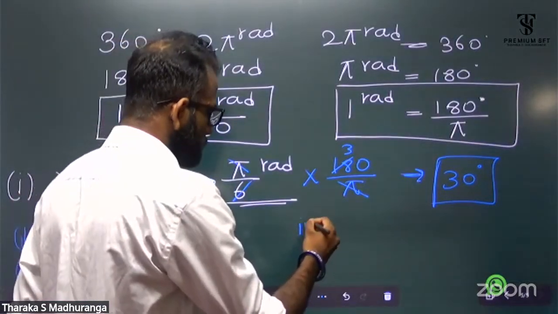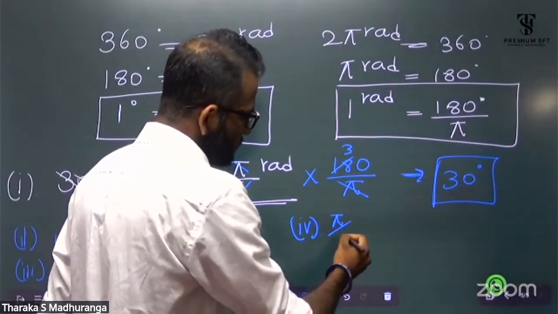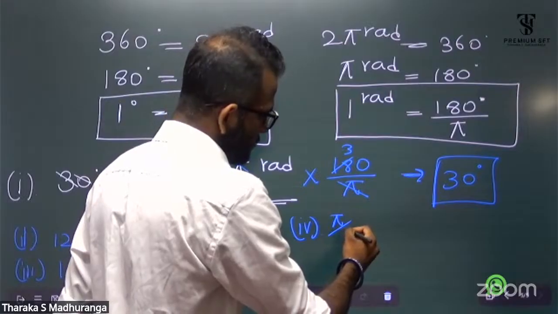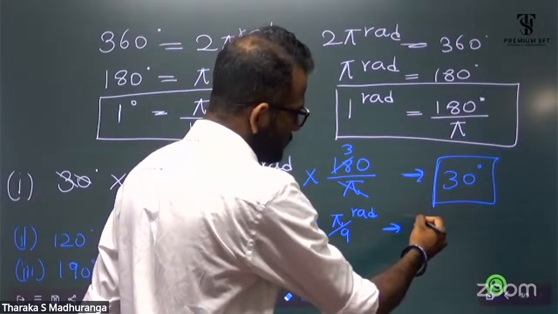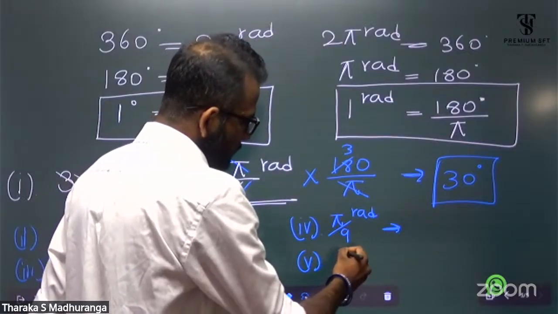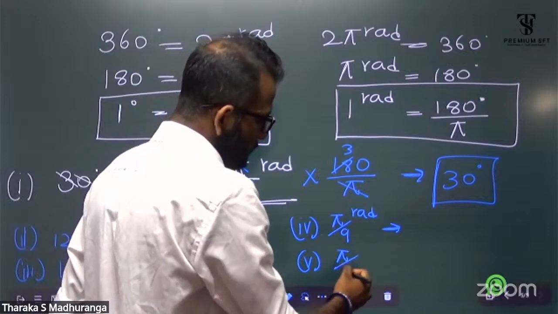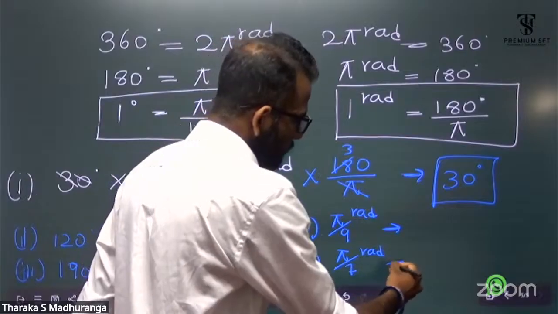Fourth one: π/9 radian, convert into degrees. Fifth one: π/7 radian, convert into degrees.